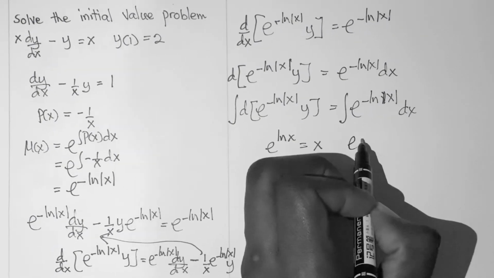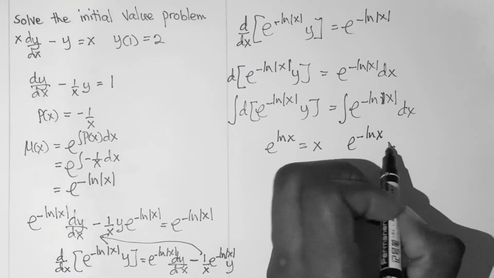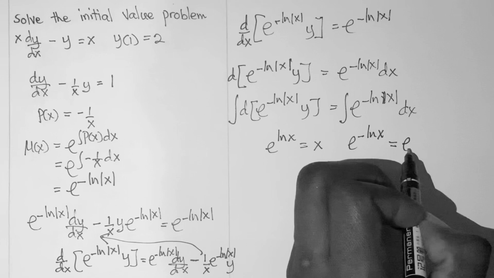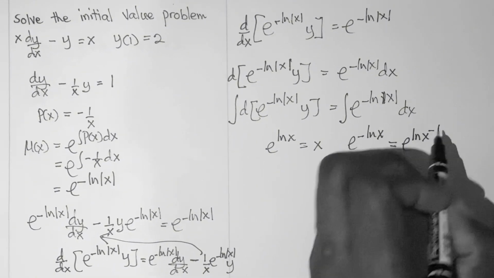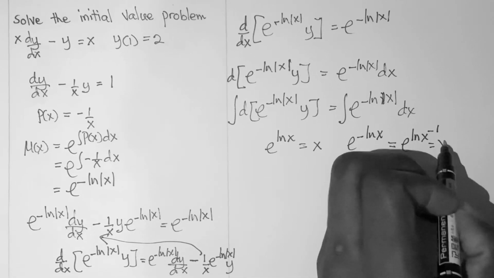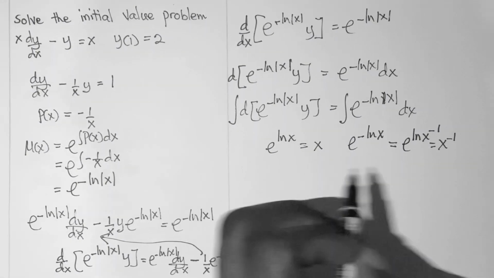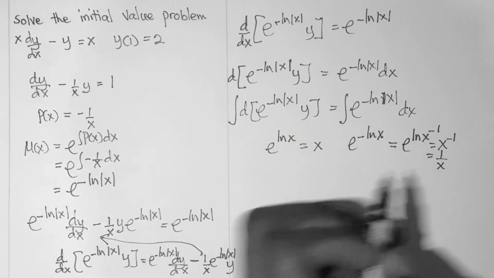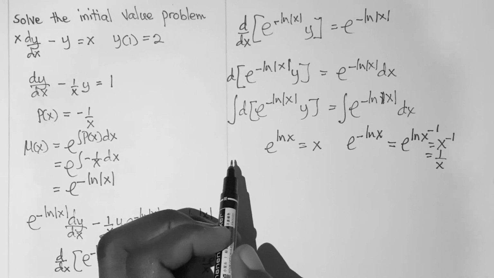So e to the power of minus natural log of x is equal to e to the power of natural log of x, to the power of minus 1, which is equal to x to the power of minus 1. But x to the power of minus 1 is the same as 1 over x. So it implies that all of this will evaluate to 1 over x.